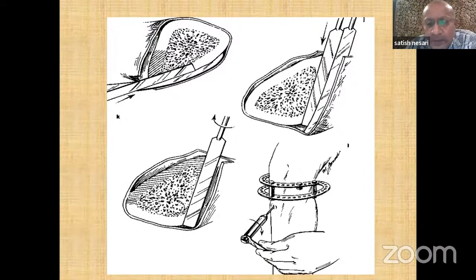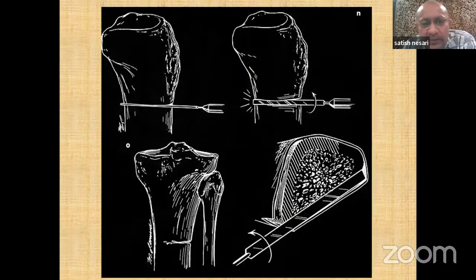Similarly, on the anteromedial surface the periosteum is elevated, and the cortex is severed. In this last right lower picture, you can see the hexagonal shaft of the osteotome. We use a 13 mm spanner, fix it onto the shaft of the osteotome, and rotate it clockwise or anti-clockwise in order to disrupt the continuity of the cortex.